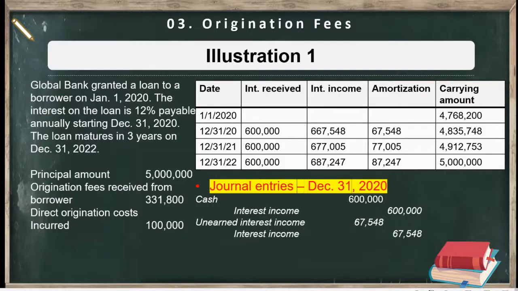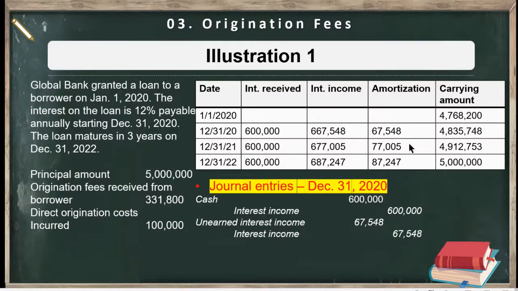So that would be 4,835,748. Kanina sad, multiplyan na nato adtong 14%, you will get 677,005. Get the difference, that would be 77,005.